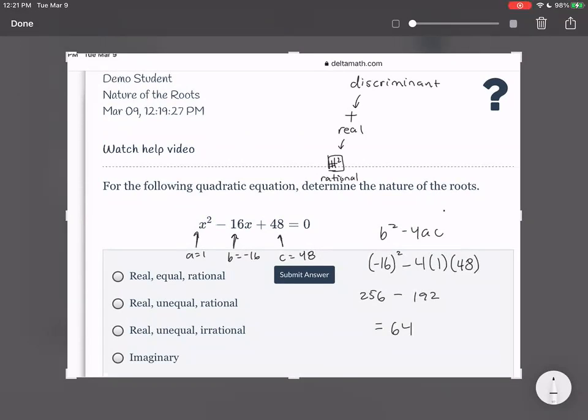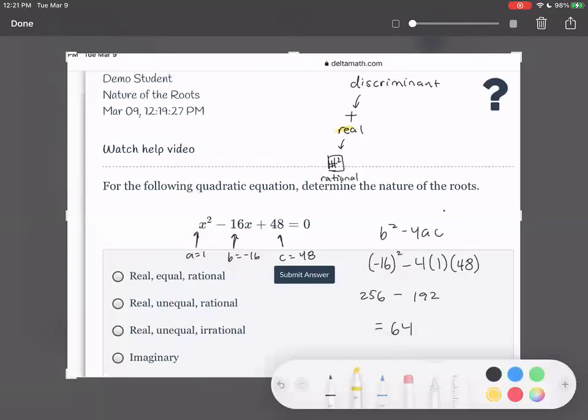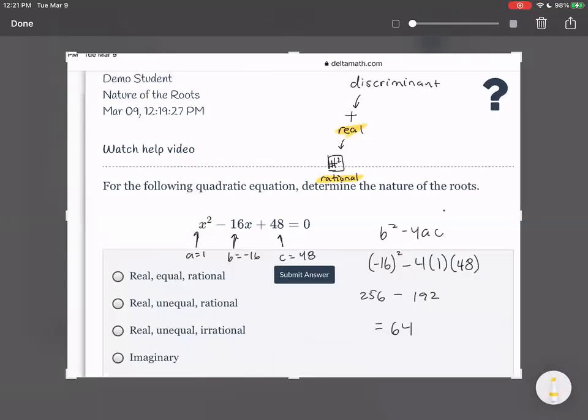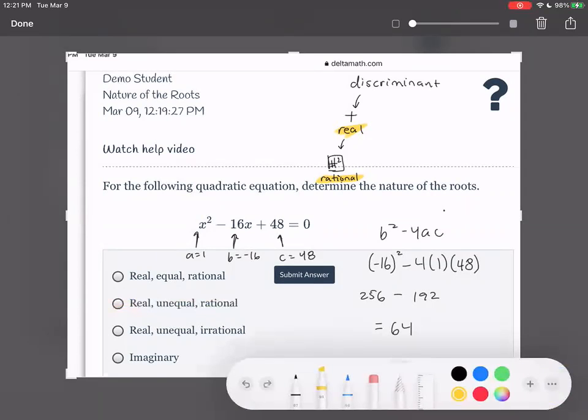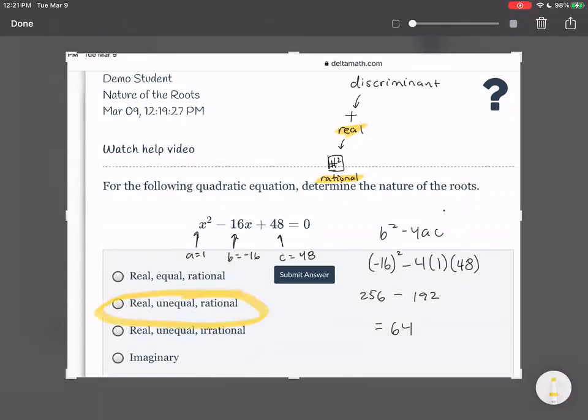So we have a positive number and a perfect square, which means that we will have a real, rational, but unequal answer, because the only time they are equal is if the discriminant was 0. So we have real, unequal, rational.